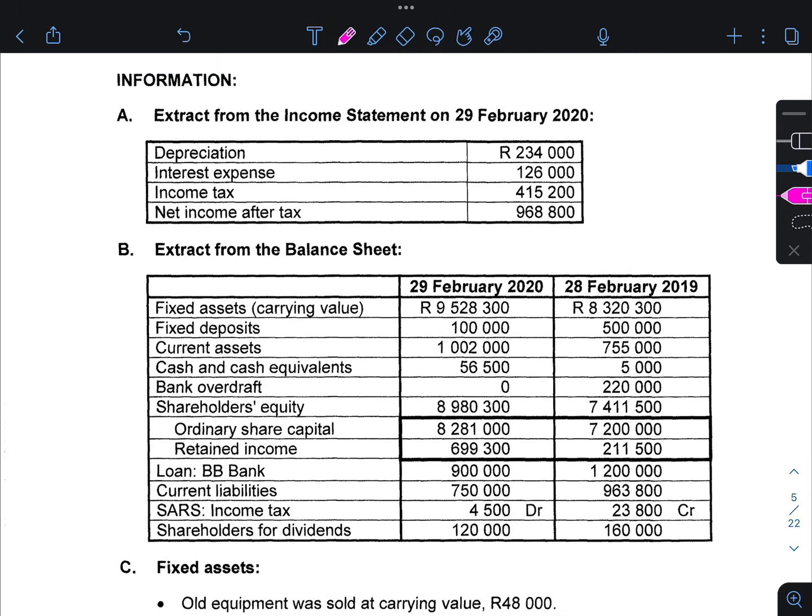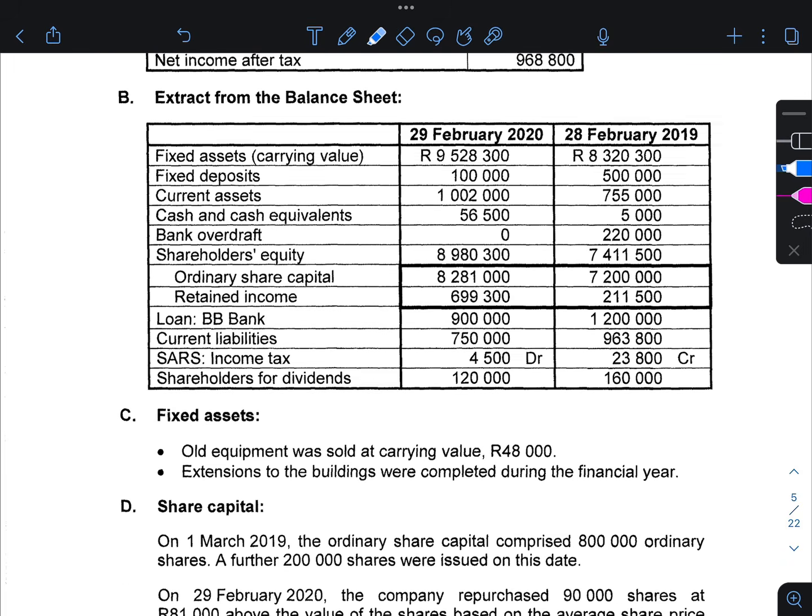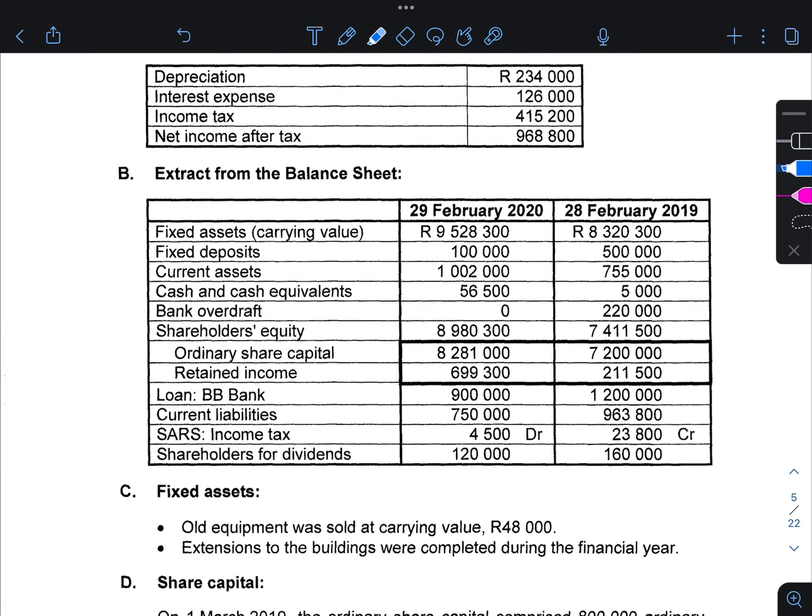But before we do so, we are supposed to look at our information. The first one, we're supposed to calculate our debt equity ratio. So what we need is our non-current liabilities, which will be the loan, right, for this year on the 29th of Feb 2020. Don't forget. So it's non-current liabilities as to your shareholders equity.